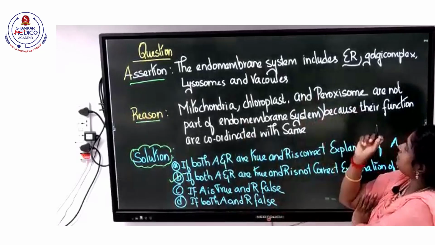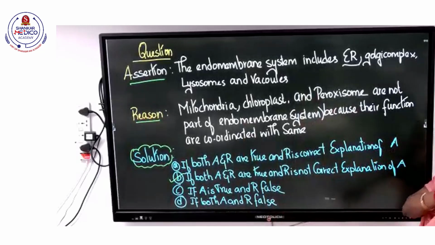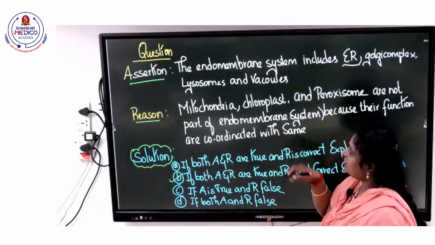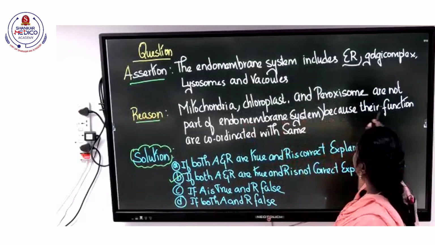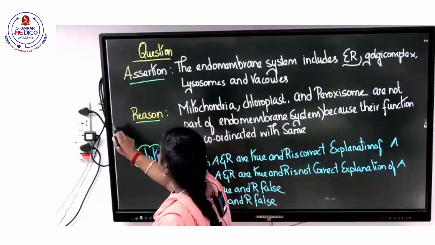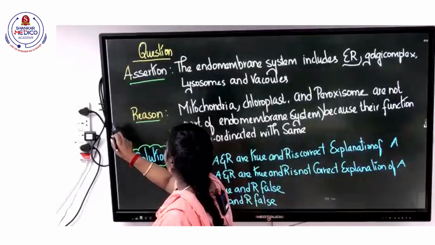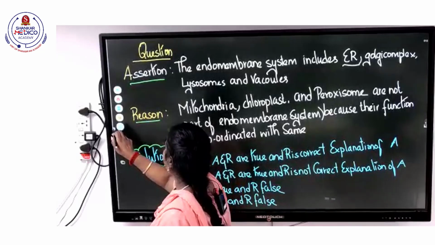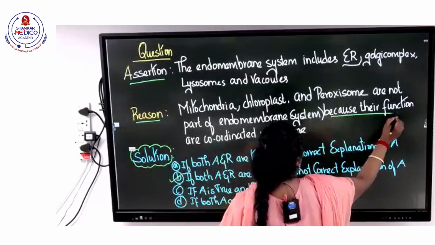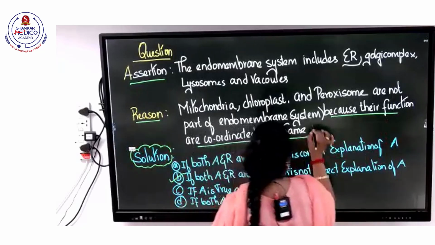The endomembrane system includes endoplasmic reticulum, Golgi complex, lysosomes, and vacuoles. The reason, that mitochondria, chloroplast, and peroxisomes are not present, is true. But what was the explanation they gave? Because their functions are coordinated with the same.